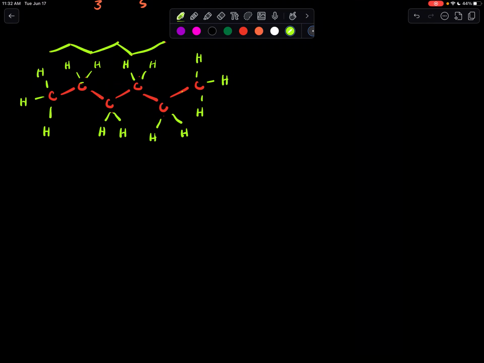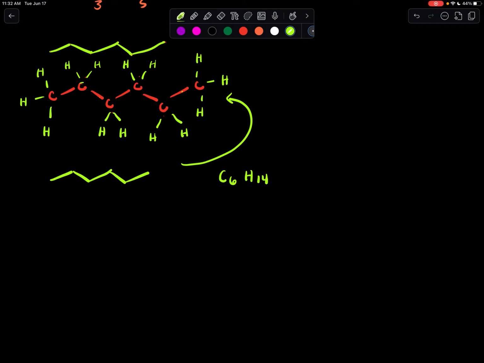So what did we do? We went from this being the same as this structure up here, which is how many? 1, 2, 3, 4, 5, 6 carbons. And how many hydrogens? 3 and 3 is 6, 8, 10, 12, 14.